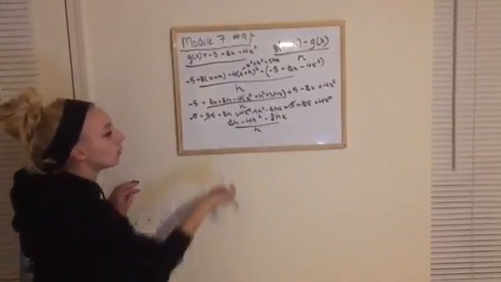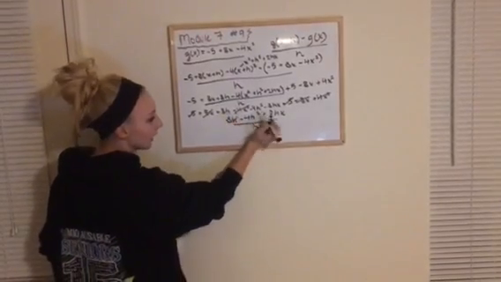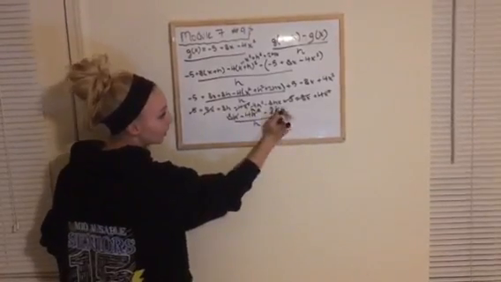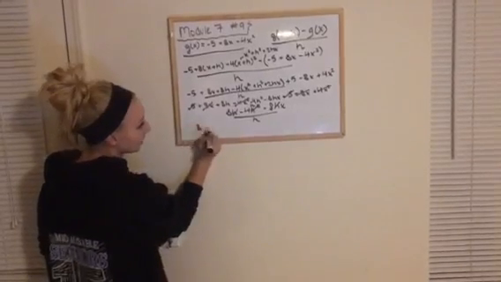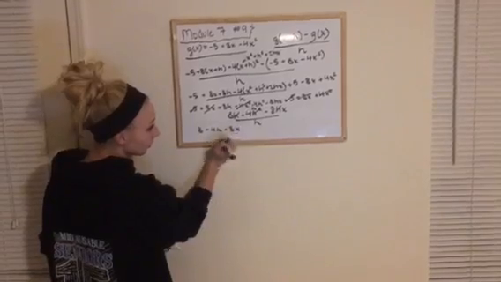From that point on, you can go ahead and divide out the h's. So we lose an h there, lose one h there, we're left with negative 4h, and lose an h there. So at the end, you have 8 minus 4h minus 8x.